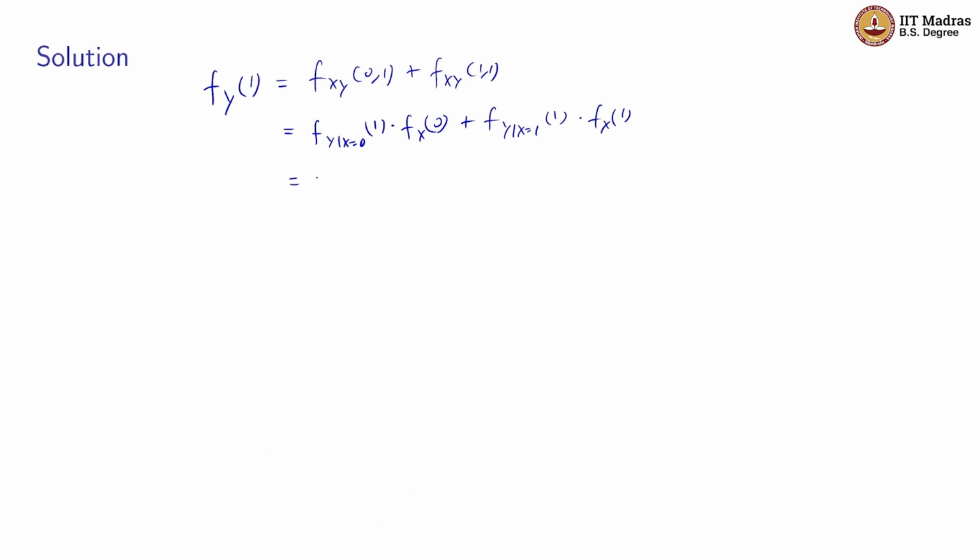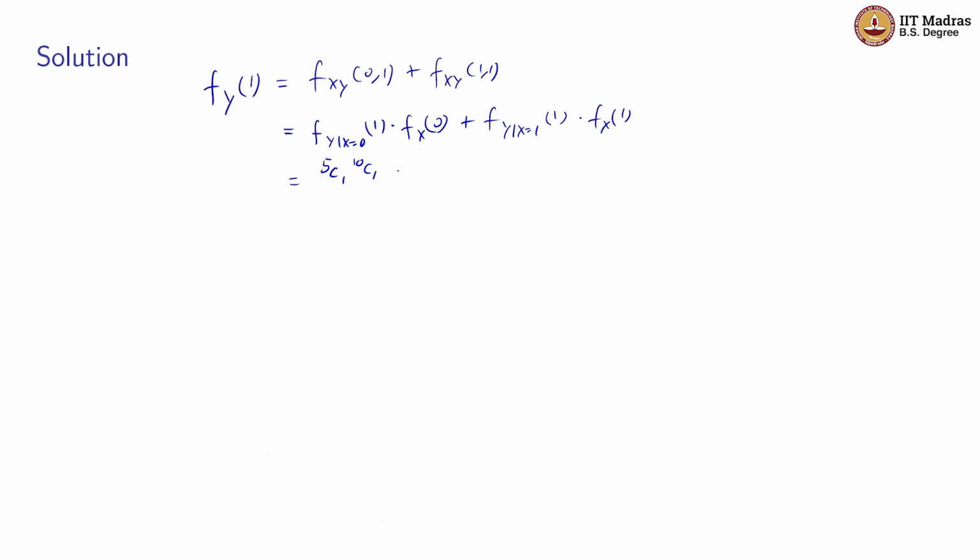So now the conditional probability that y is equal to 1 given x is equal to 0 will follow hypergeometric distribution, because in the bag we have three types of balls, and we want to find the probability of getting one red ball when we are selecting two balls from bag A. So this will be equal to 5c1 for selecting one red ball into 10c1 for selecting one ball out of the rest of the balls.